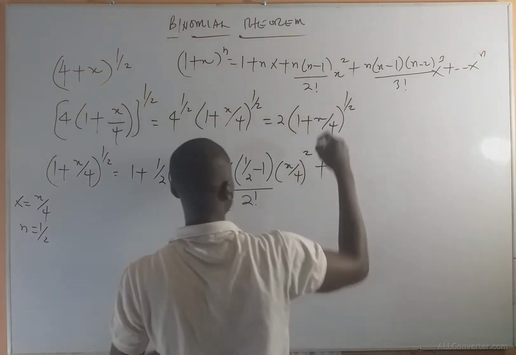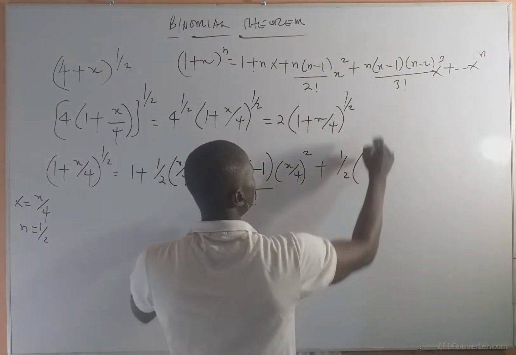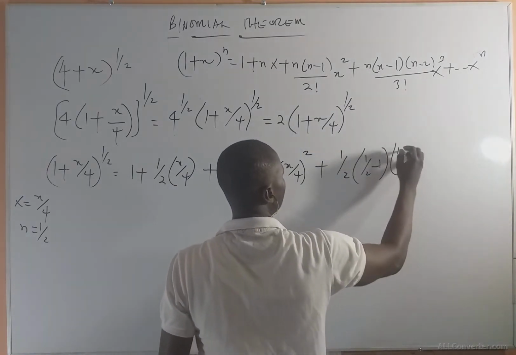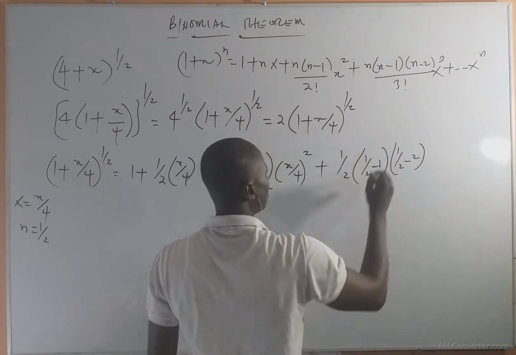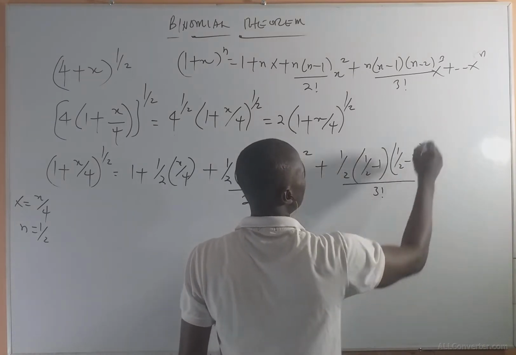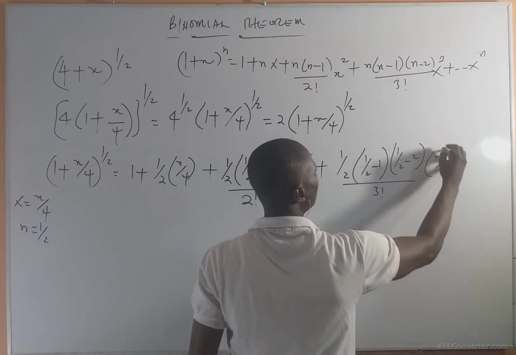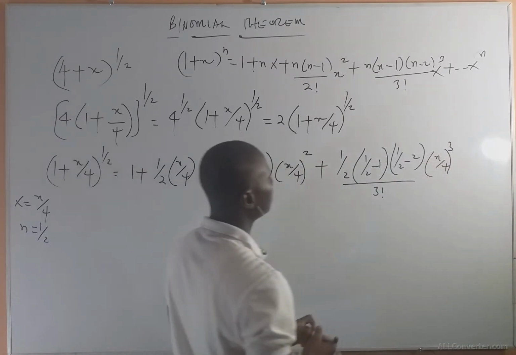Plus, the next one will be half, (half minus 1), (half minus 2), all divided by 3 factorial, times x cubed, so we have (x/4)³. And so we are done.